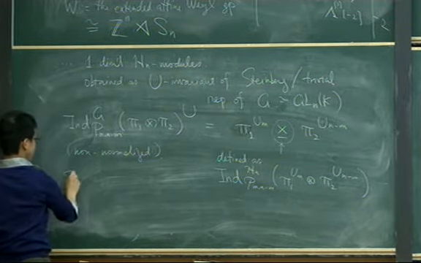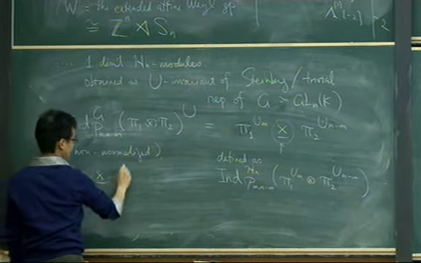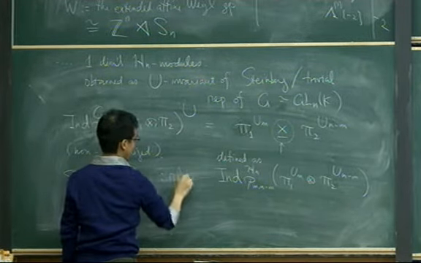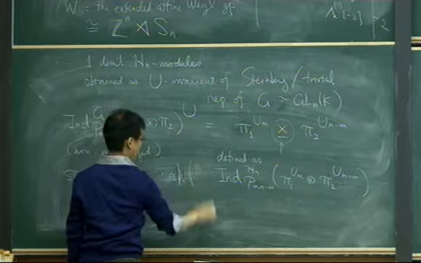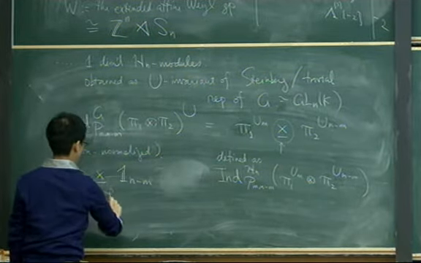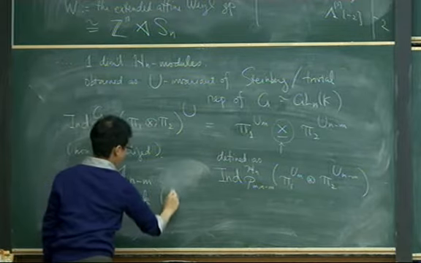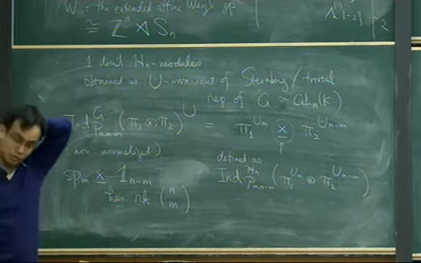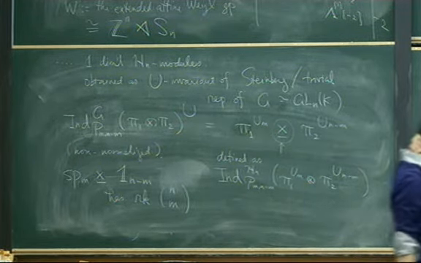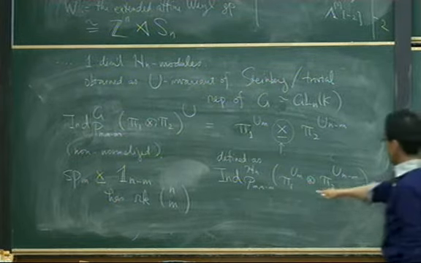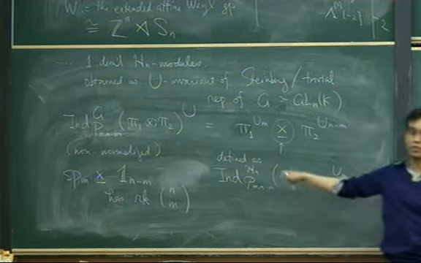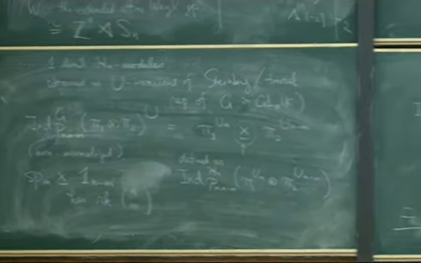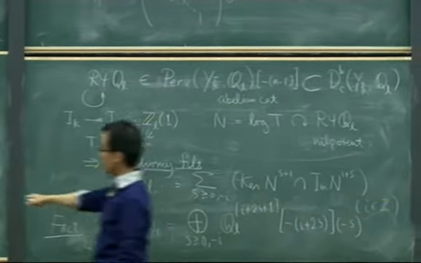So if I take Sp m and 1 n minus m, that will have rank n choose m. So Steinberg and trivial will give you one-dimensional modules. So if I cancel them, this is just a one-dimensional module, and I induce it from this subalgebra to the whole algebra. And the whole algebra is a free P module of rank n choose m. So this will have rank n choose m.